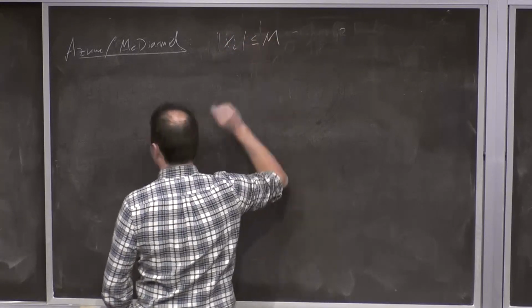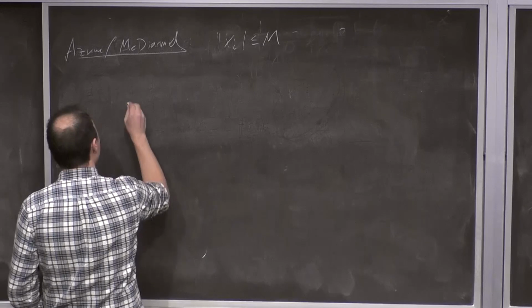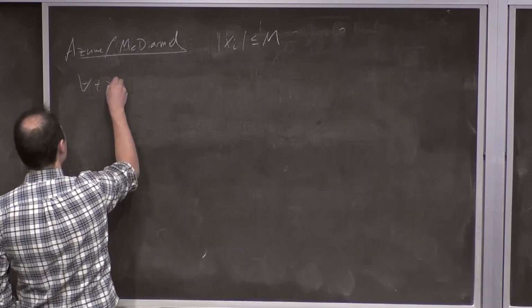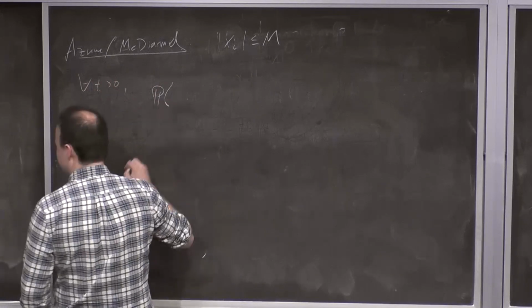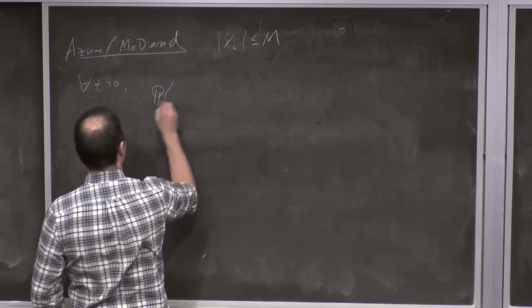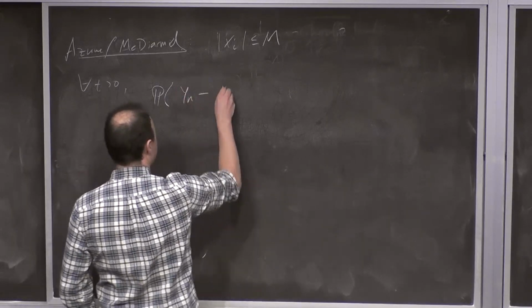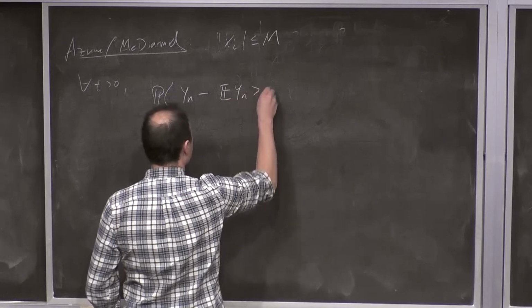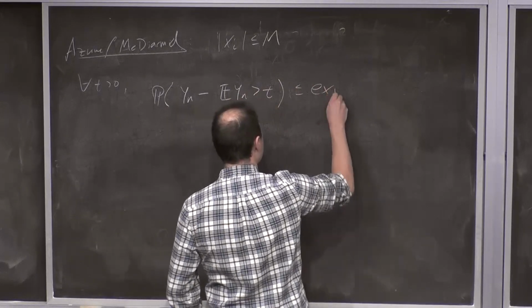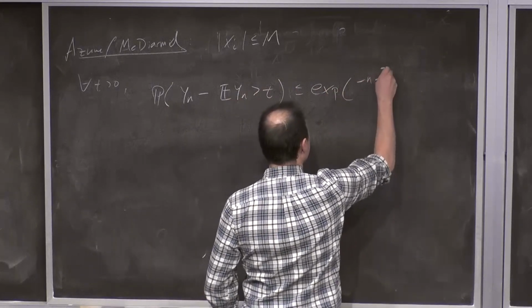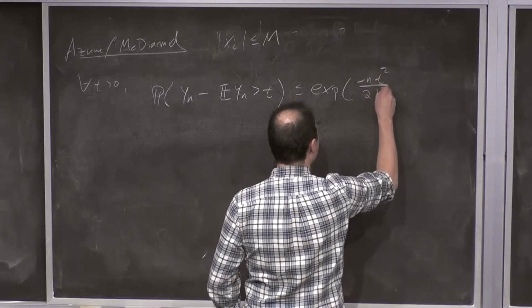It doesn't come into it, but I think we should stay on a compact set. So for every positive t, the probability that Yn minus expectation of Yn is bigger than t goes like exponential of minus n t squared over 2b squared.